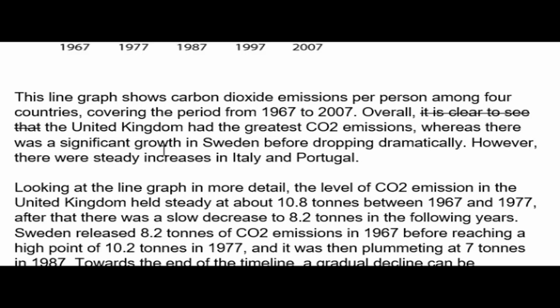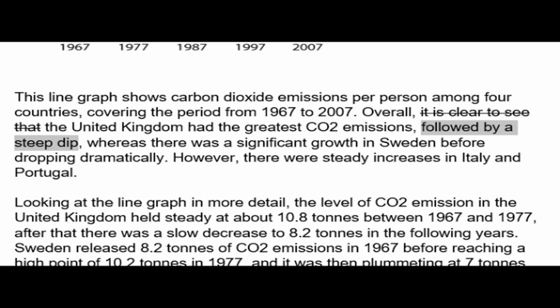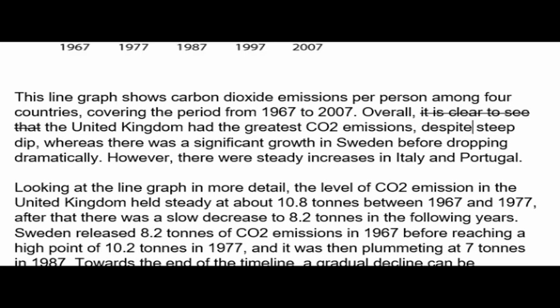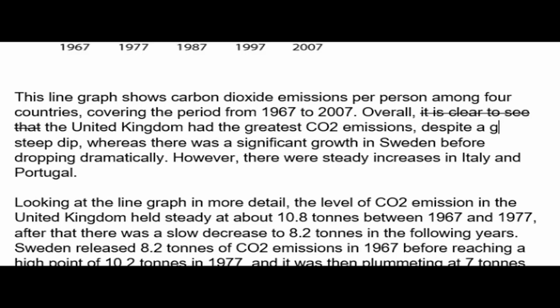Whereas there was a significant growth in Sweden. But why use whereas? Oh, I guess the whereas was okay, so let's bring back that deleted part. Okay, so let's say despite a gradual decline.